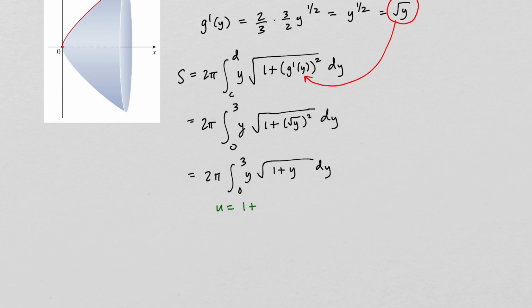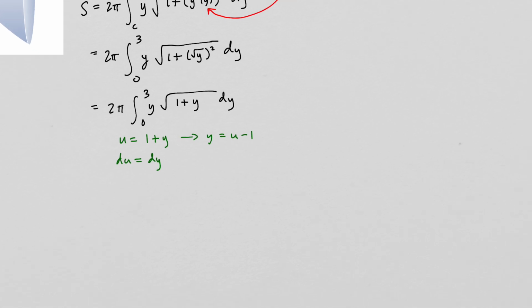We're going to let u equal 1 plus y, du will equal dy, and if we solve for y, y will be u minus 1. Now when we make the substitution, we're going to have 2 pi integral of y, which is going to be u minus 1, and then the square root of 1 plus y will just be the square root of u, and then dy equals du.